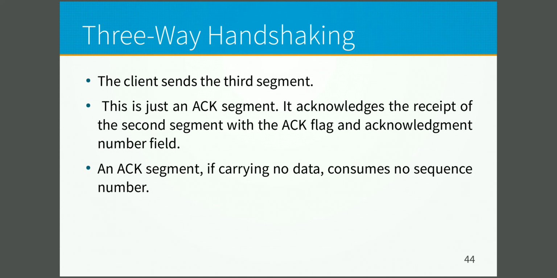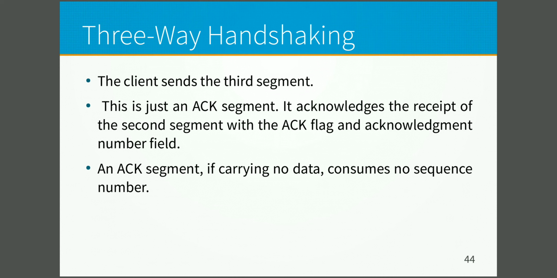Okay, so sometimes because a connection is being set from the client to the server just by the two stages, it is possible that data can be sent in the third segment itself. But if the data is not sent in the third segment, then there is no sequence number.